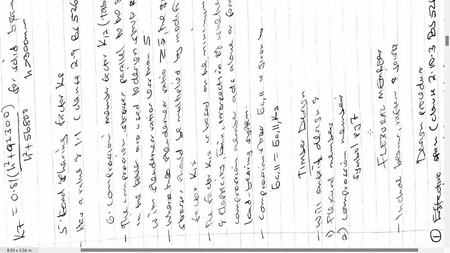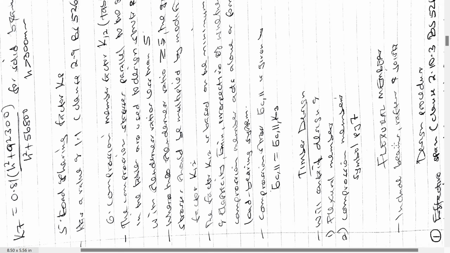So let's look at timber design. So in this particular course, we look at two. Timber design will entail design of flexural members, which include beams and slabs, then design of compression members, which we said include struts and columns. So if you want, we have page 7 showing the simple diagram to show what is cross-sectional area, what is breadth, what is depth of a timber section.